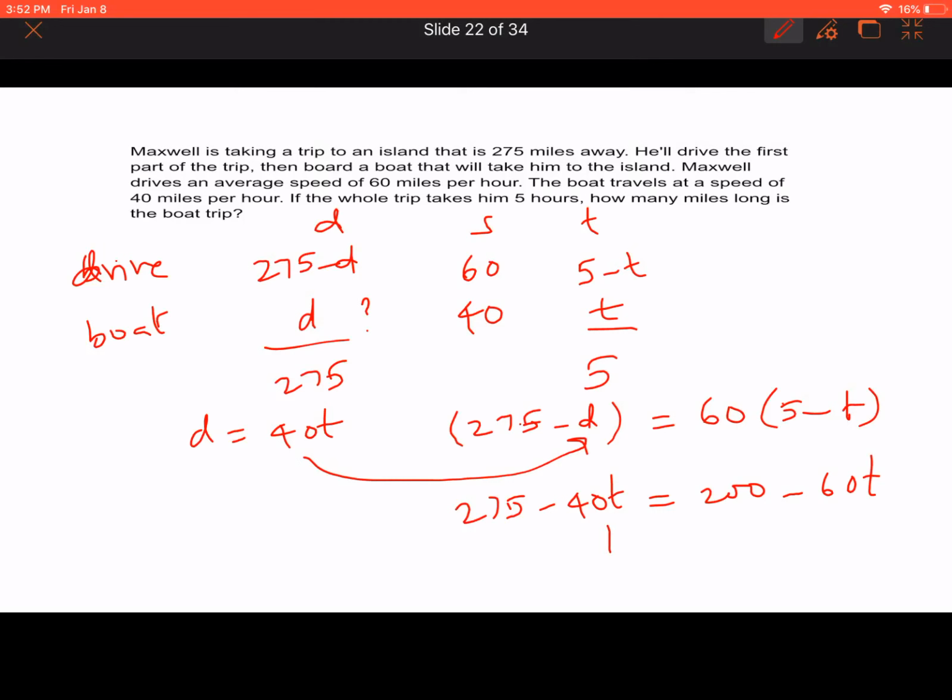When you solve it, you will get the value of t, which is 1.25. So the distance is 40 times 1.25, which is equal to 50 miles.